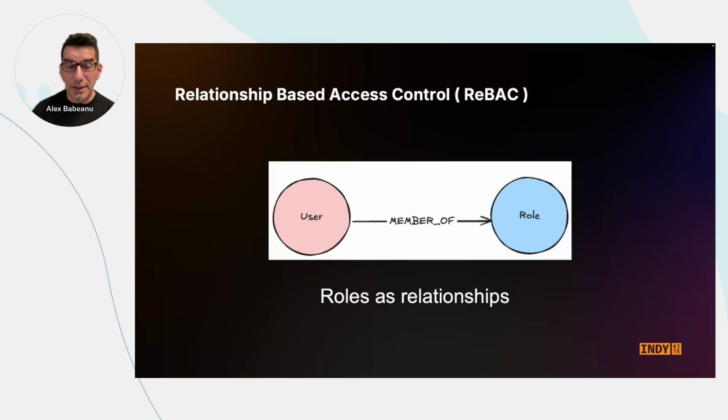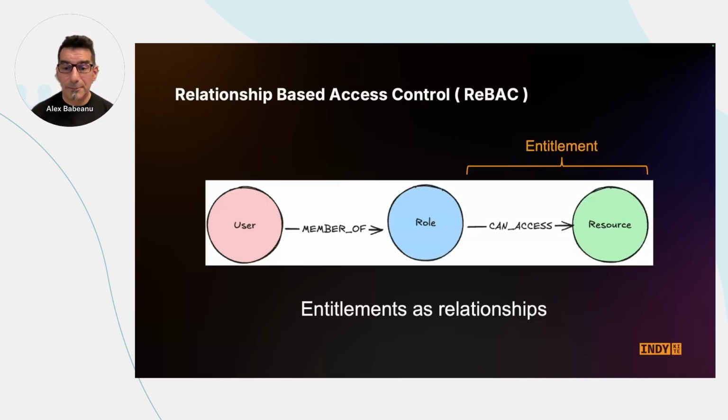And what's good with ReBAC is that now we can model entitlements as well. Here's, for example, how you would model an entitlement. Now the entitlements are made explicit, and because they're essentially modeled as a graph, you can now easily see who has access to what, as you can gather or imagine.